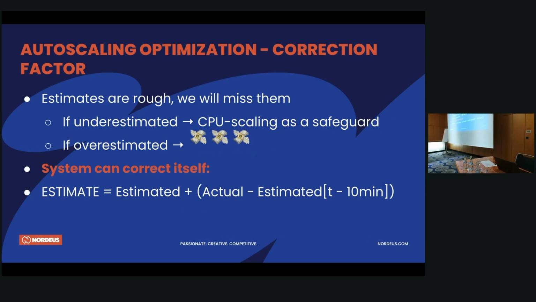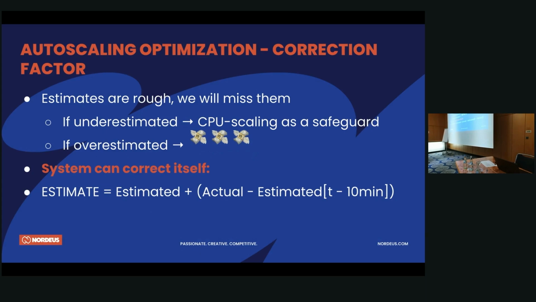Let's take that also into consideration when estimating a new number of requests. So we came up with this formula to take into account this difference and mistake in our estimation, so the system can correct itself after some time.